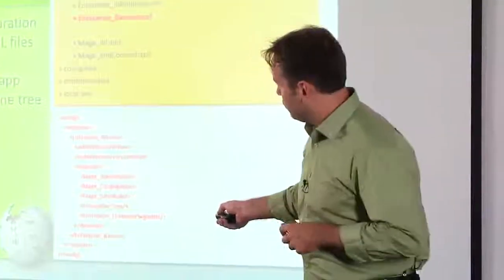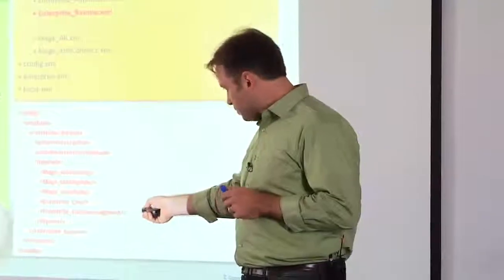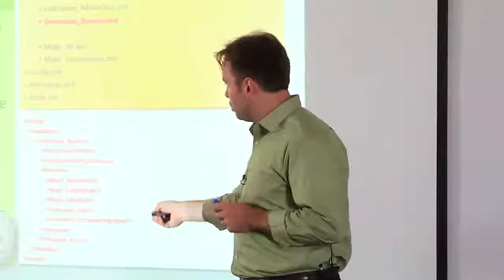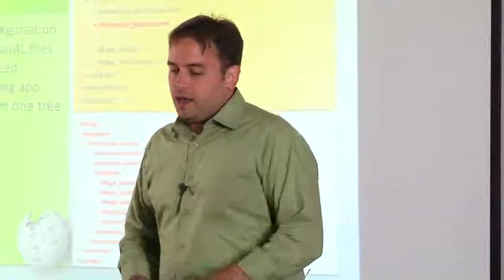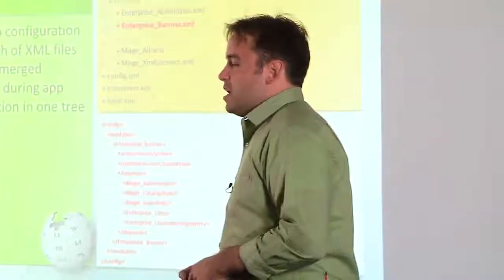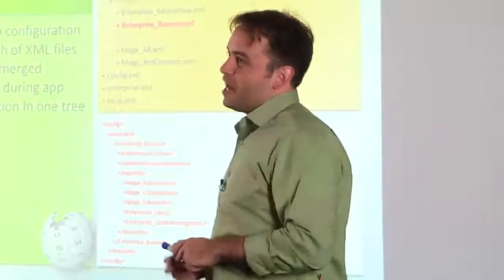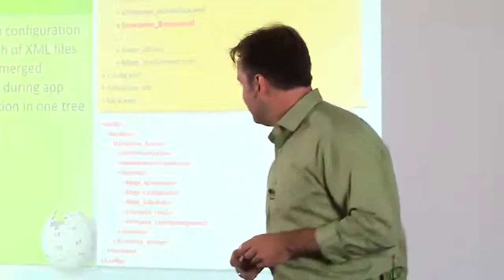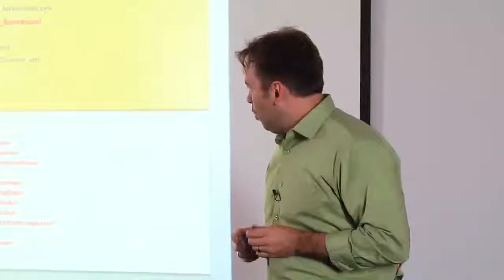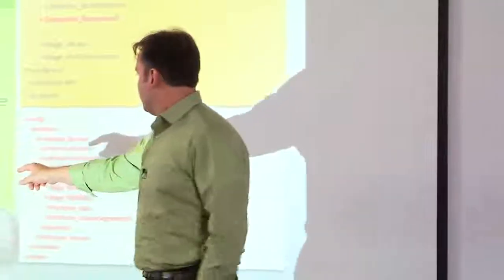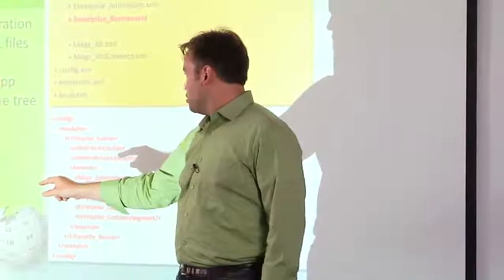You'll see the syntax for setting up dependencies is to use a similar node to what is specified in modules. And this is actually maybe one of those capitalization things that you were wondering about. What goes here is used in conjunction with the code pool to find the module.